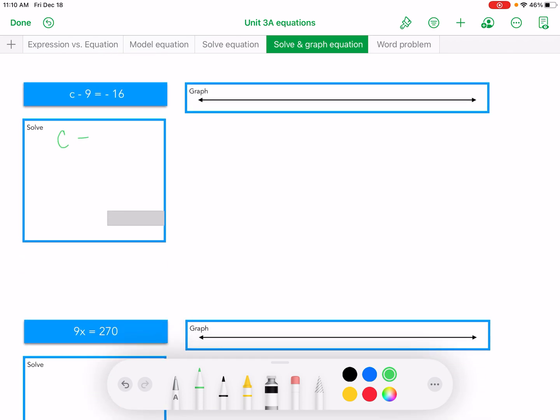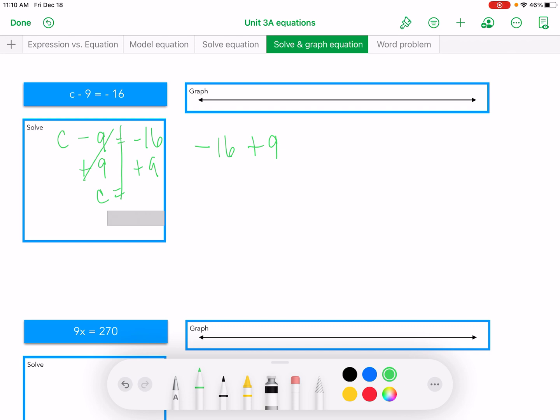C minus 9 is equal to negative 16. I'm going to add 9 to both sides to balance it out. That cancels out. C is equal to negative 16 plus 9.